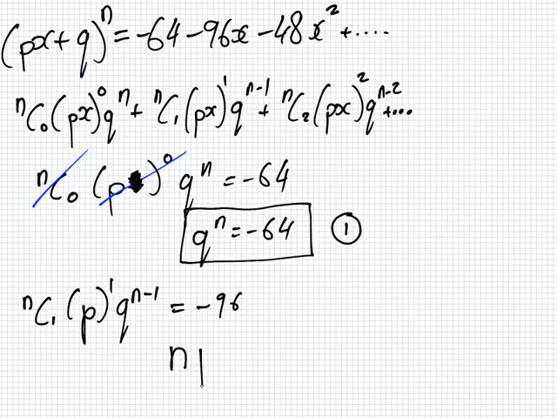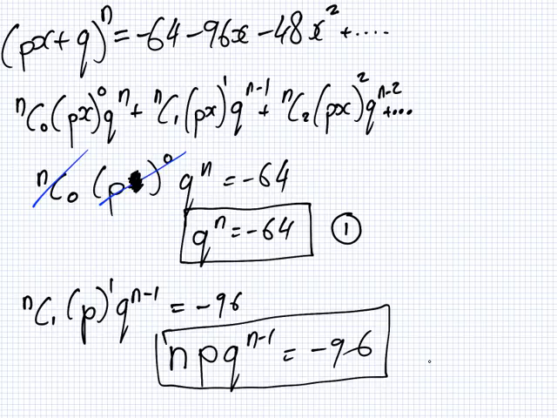So if you had (px + q)^5, that would equal 5C0 (px)^5 + 5C1 (px)^4 q + 5C2 (px)^3 q^2 and so on.